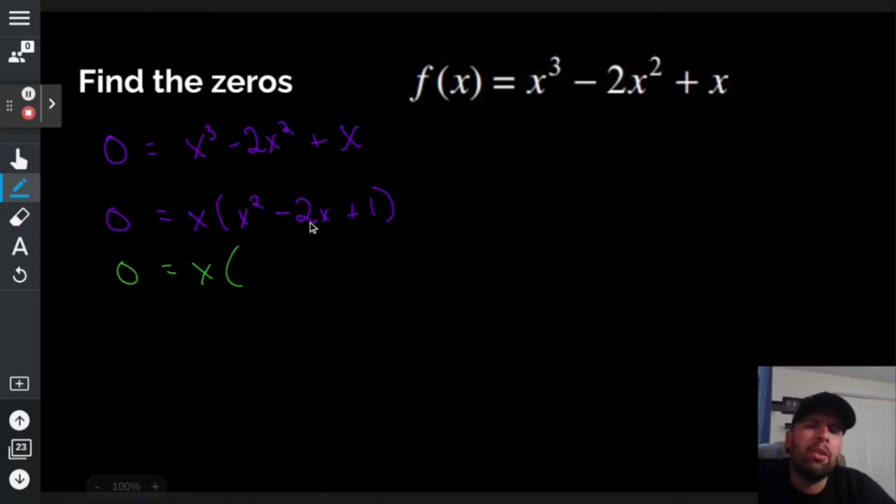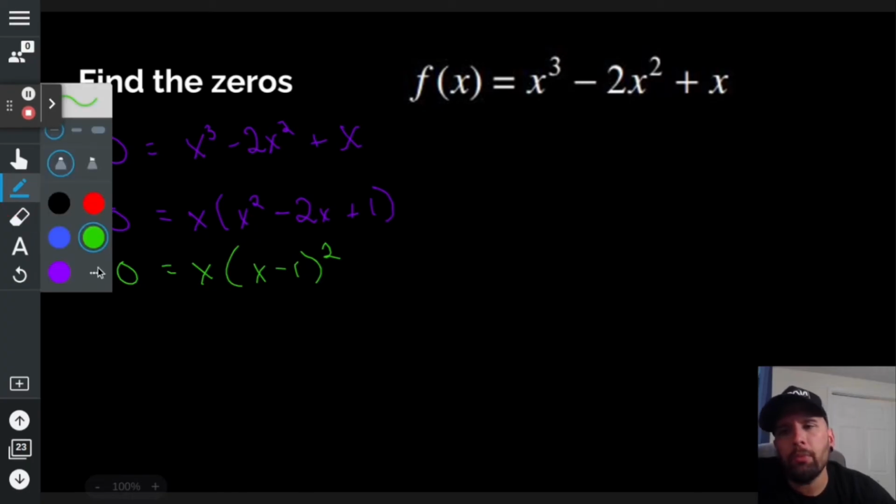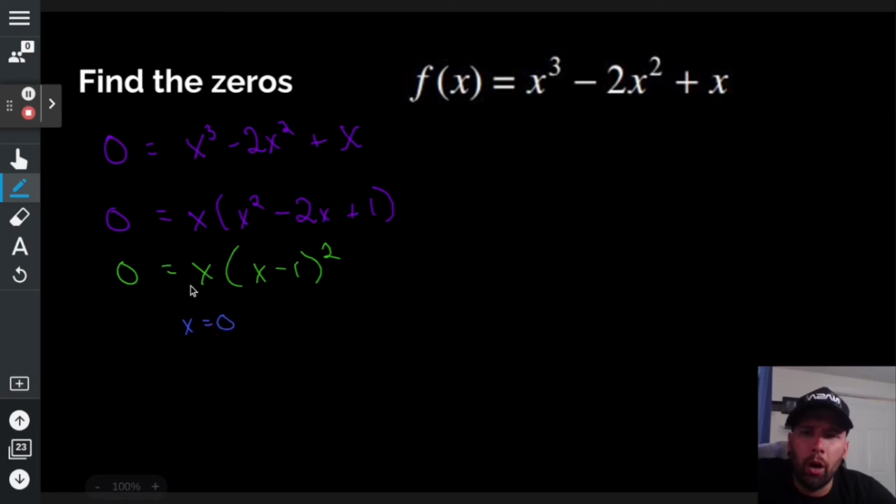Two numbers that add up to negative 2 and multiply out to 1 are going to be x minus 1 squared. So using the zero product property, I have x equals 0, because you set each factor equal to 0, and x minus 1 squared equals 0.